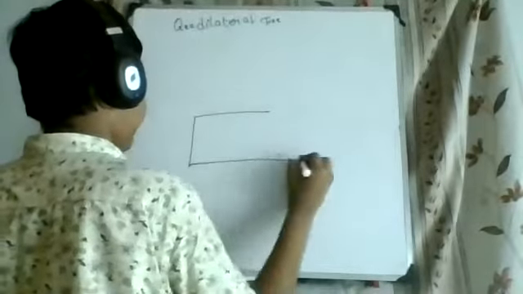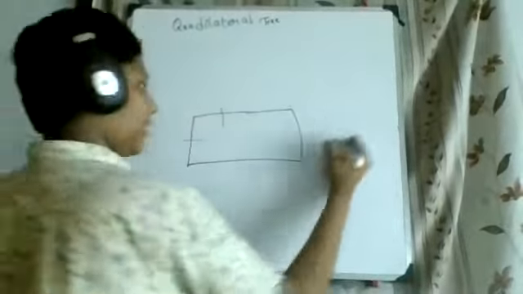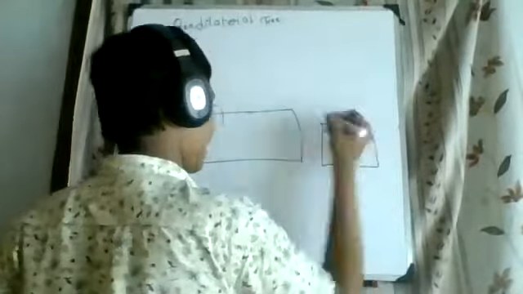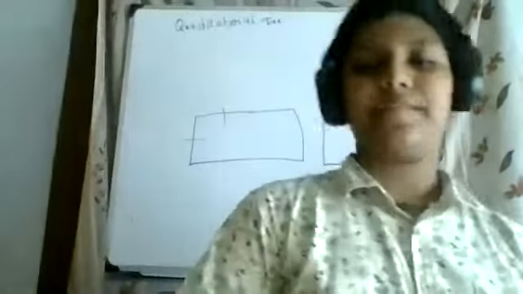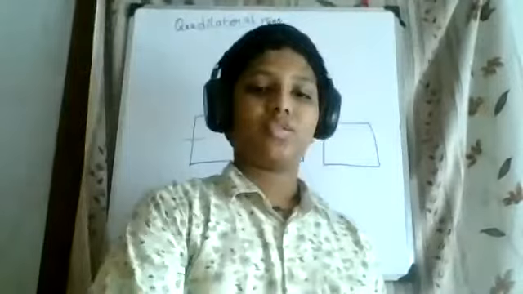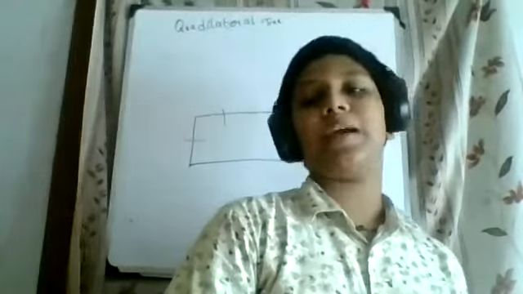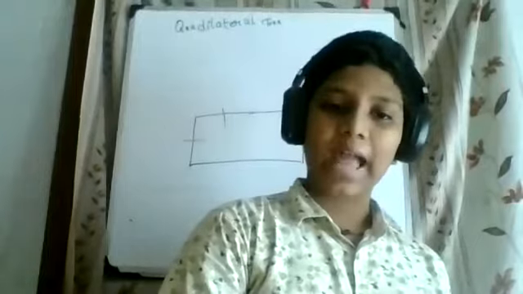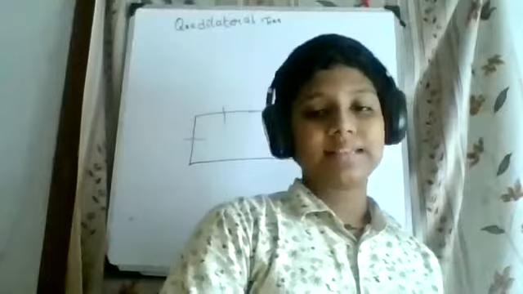See, now this is a rectangle. If these two sides are equal, then automatically it will become a square. So the reason we can give is that a square can be called a special rectangle if a rectangle has adjacent sides equal.